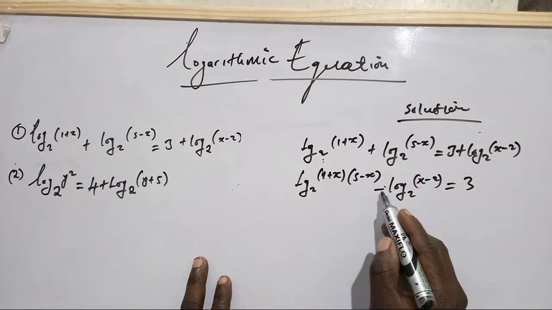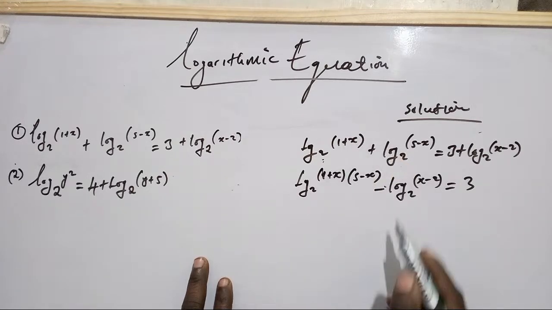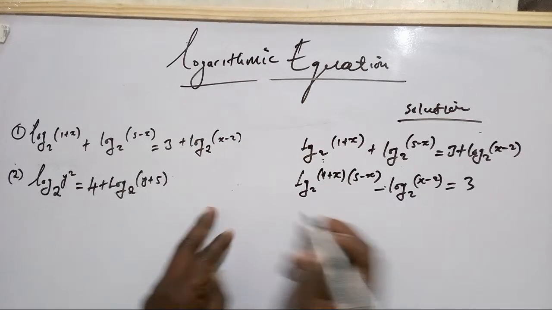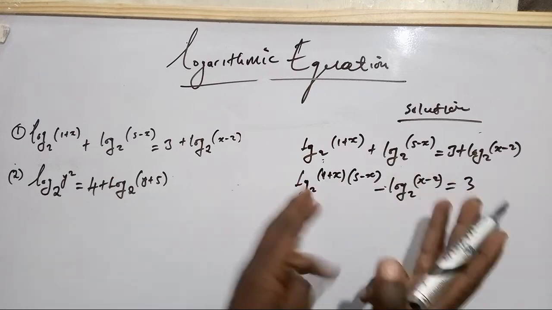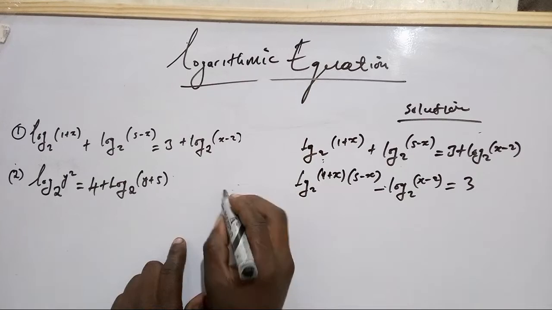Here we also have a negative, where before it was a positive. Whenever you have a negative, that means you are going to divide. We follow the laws of indices because the laws of logarithms oppose them.